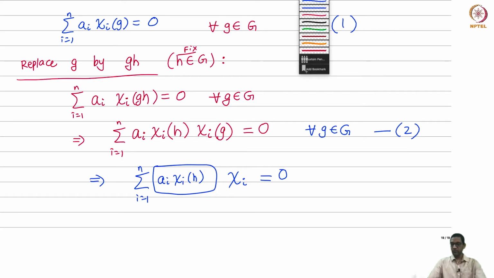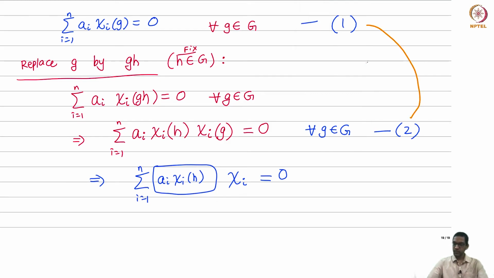So I can now do the following. From these I can eliminate. Let's take these two and eliminate chi n from this equation, so let's eliminate the last one, chi n of G. Now what does that mean?